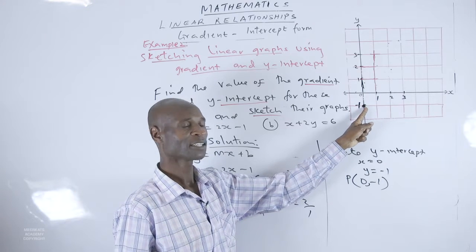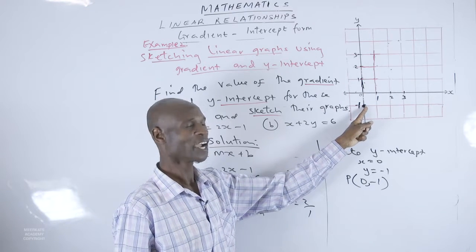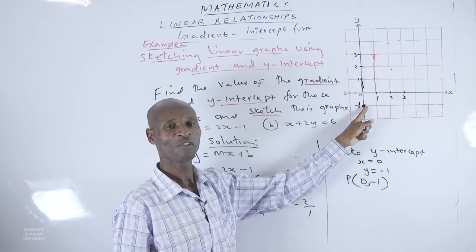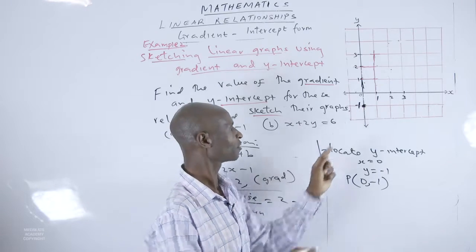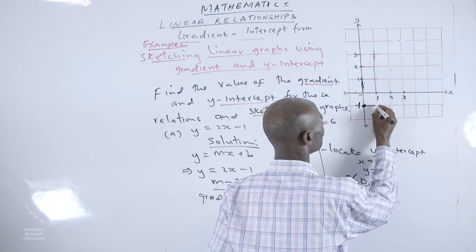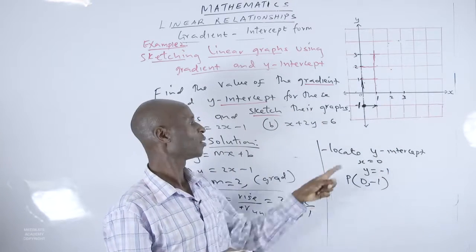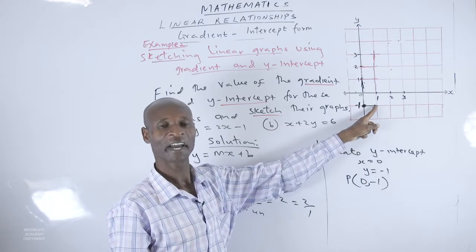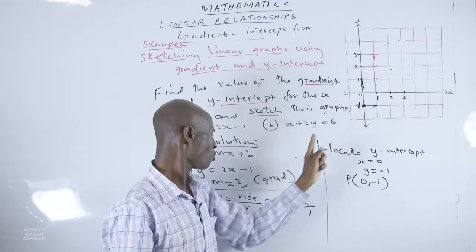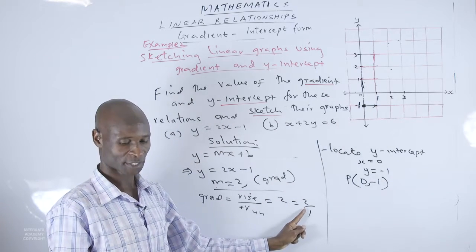So you start at 0, -1, then you move across 1 unit. That means we end at 1, -1. Then you move upwards 2 units.